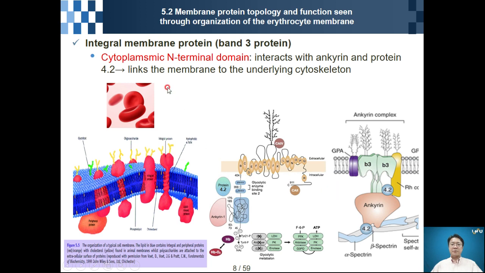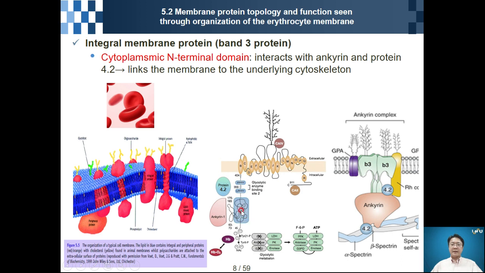So let's start from the cytoplasmic N terminal domain. In the cytoplasmic N terminal domain, they interact with the ankyrin and also protein 4.2. So they have a domain like this.